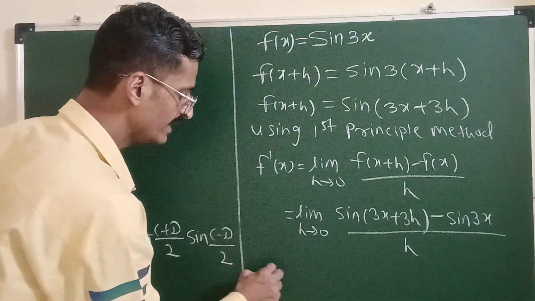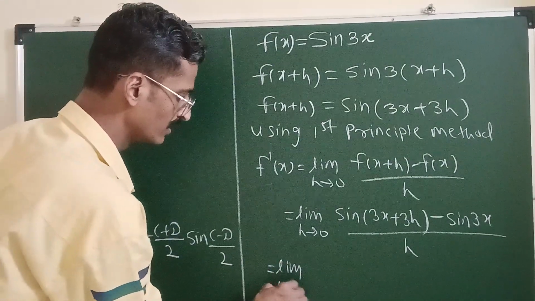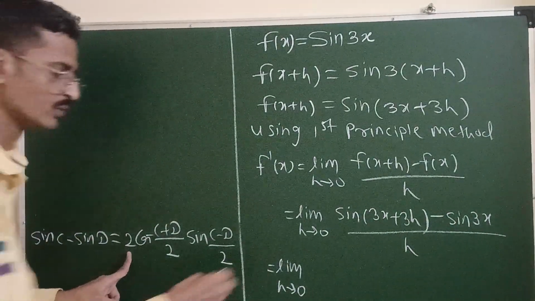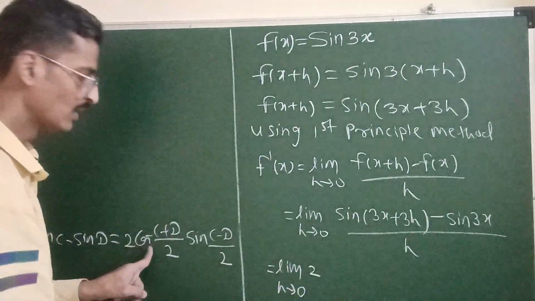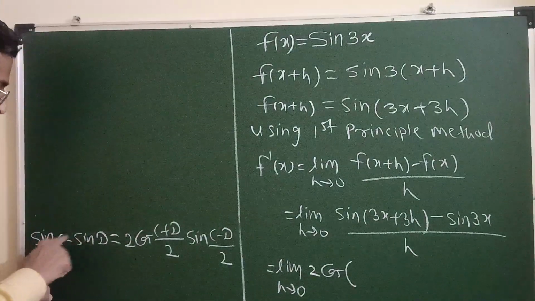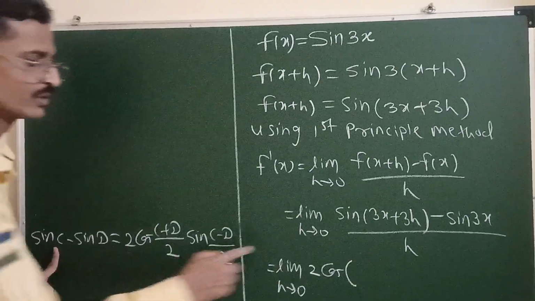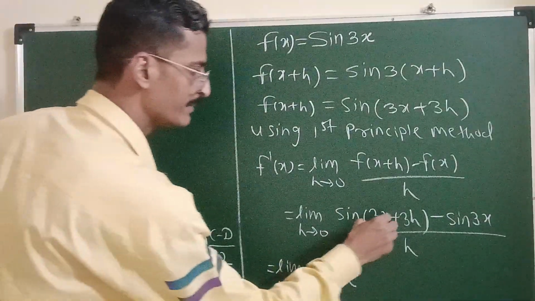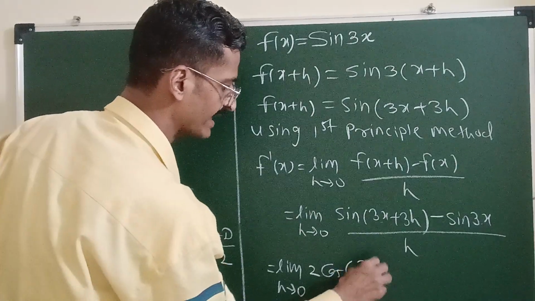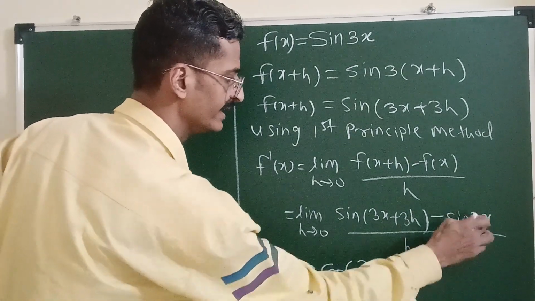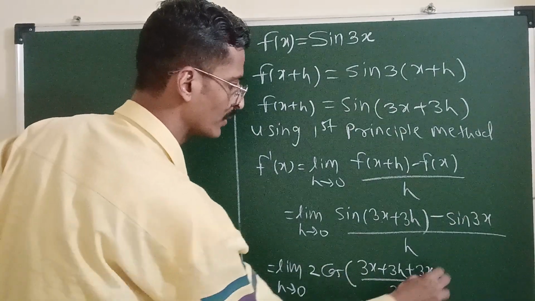So this is limit h tends to 0 of sin c minus sin d. First write these 2, then cos into, in bracket, c plus d upon 2. So add these 2 and divide by 2. So c plus d, that is 3x plus 3h plus this d, that is 3x, upon 2.